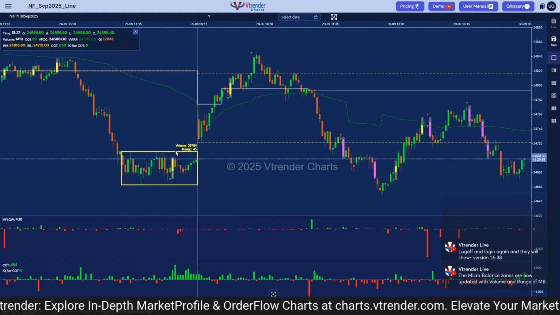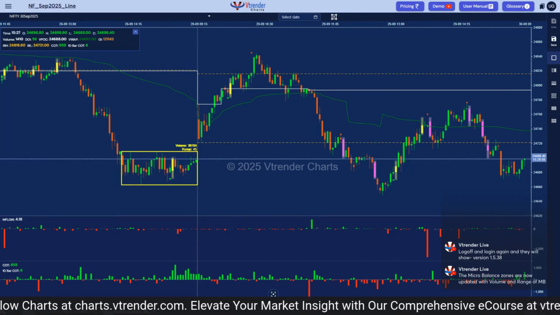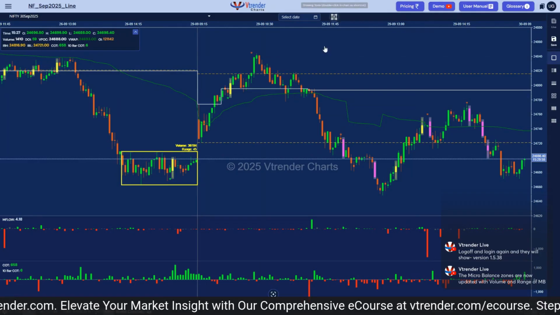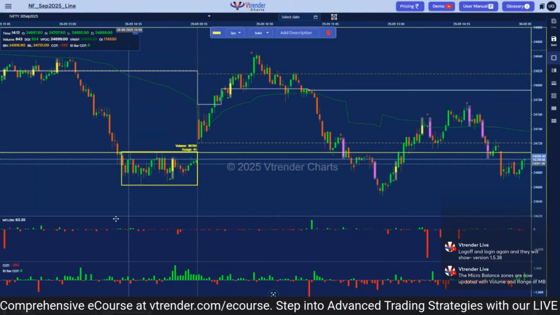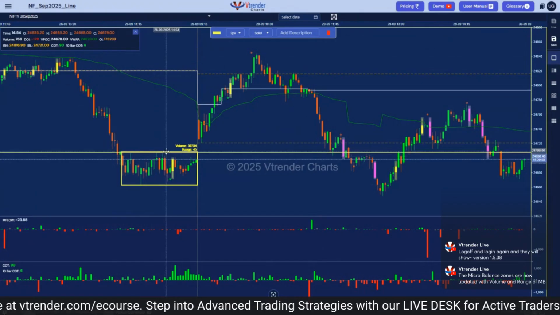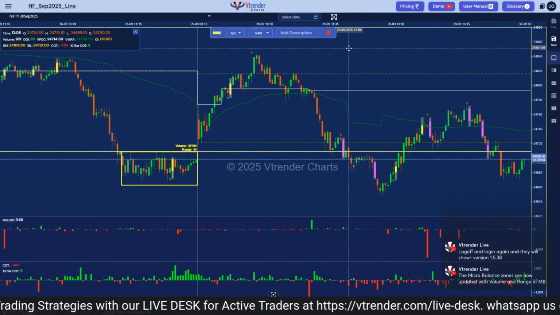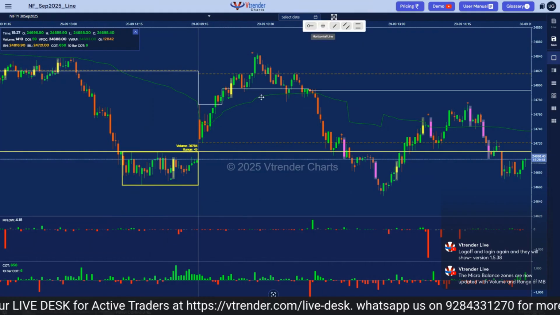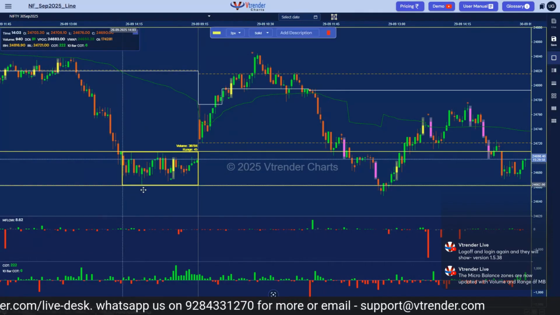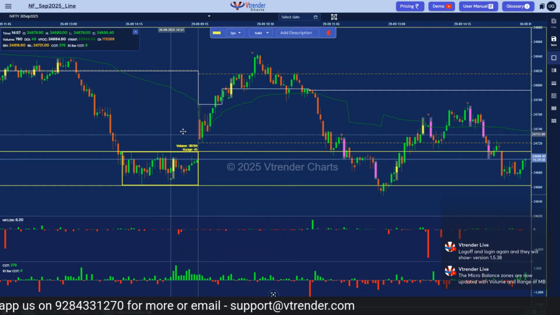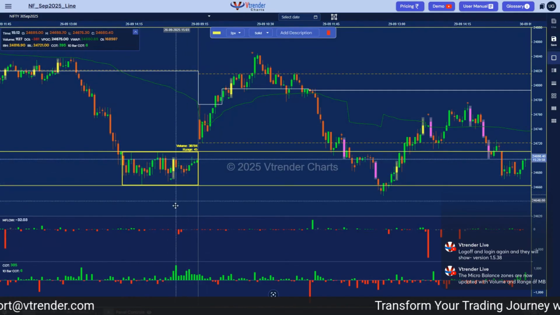On the upside, the upside is about 24710 actually, and the downside is around 24665. So you can see the volumes in this micro balance is 30,000 contracts and the range is just 45 points.